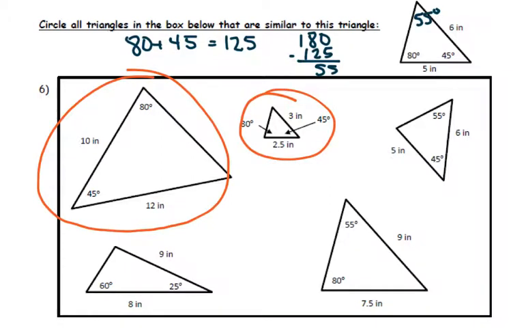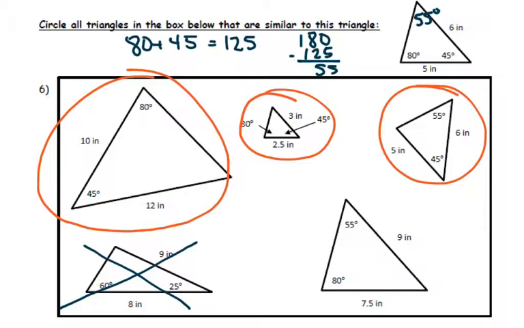This one here, 55 and 45, if we had not done this work, we might say that those are not similar, but we did the work. This is 55 and 45, that matches 55 and 45, so this one's similar. Down at the bottom here, we have 60 and 25. Those do not match the angles, so that means that this triangle is not similar.